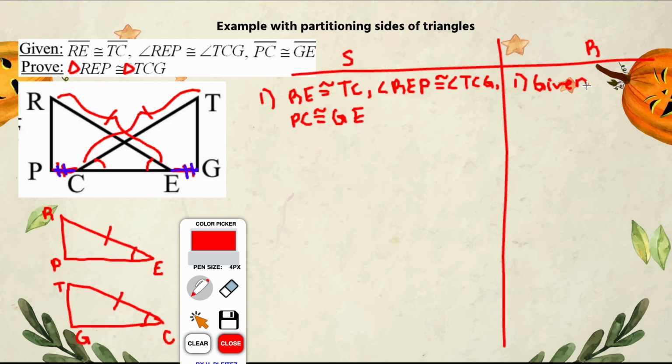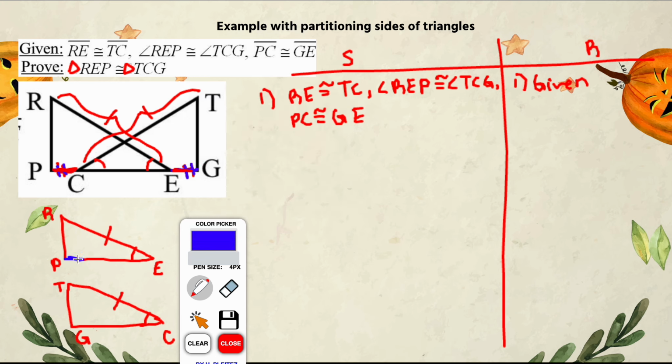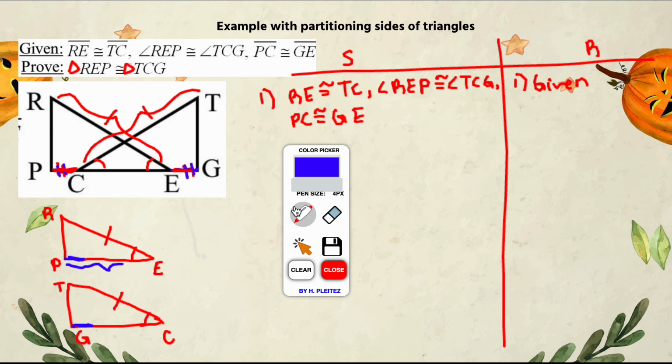Now, just by looking at my diagram, I'm given a piece of information about each part of like the bottom sides of both. So, right, like PC is kind of over here, and then EG, if we flip our triangle around, it's also in this general vicinity, right? It's giving us this portion. So I know I'm going to use that, and I'll eventually be able to make a conclusion about this entire side here. And if I can do that, right, because my goal is to prove my triangles are congruent, I'm going to try to be able to use side angle side here.